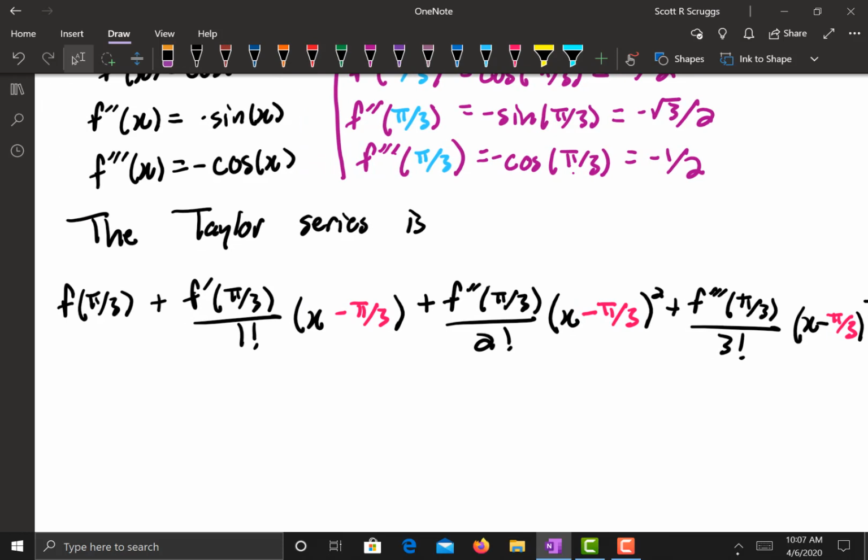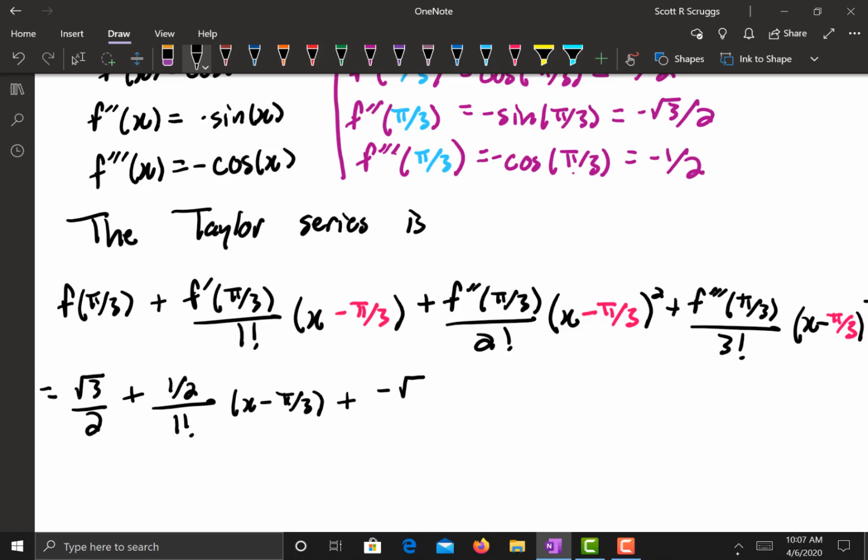Alright, and from our work previously, we know that f of pi over 3 is root 3 over 2, plus 1/2 over 1 factorial x minus pi over 3. Second derivative, I get negative root 3 over 2.